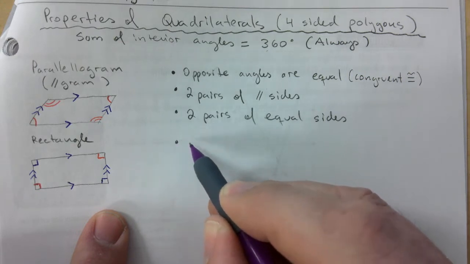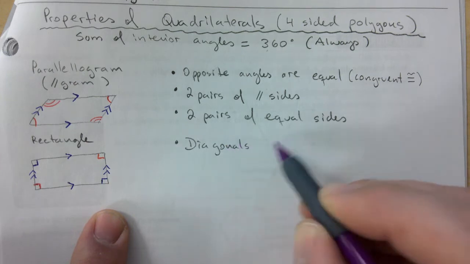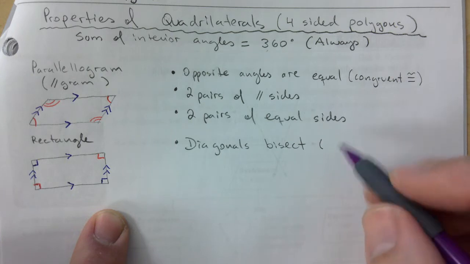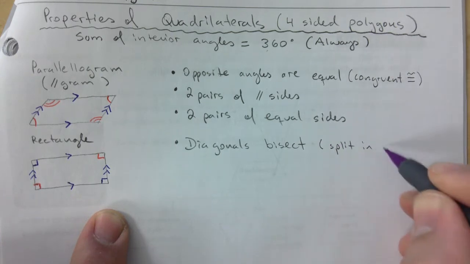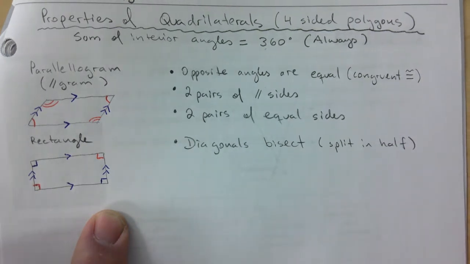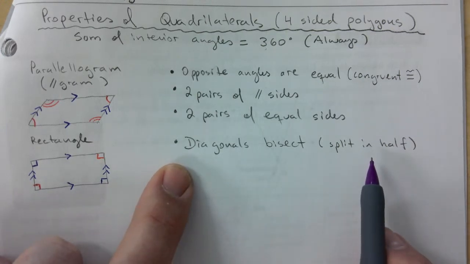You can say that diagonals bisect. They split in half. This is always true. Diagonals bisect. They split each other in half, right?